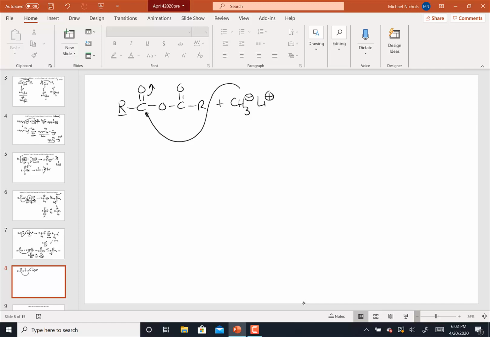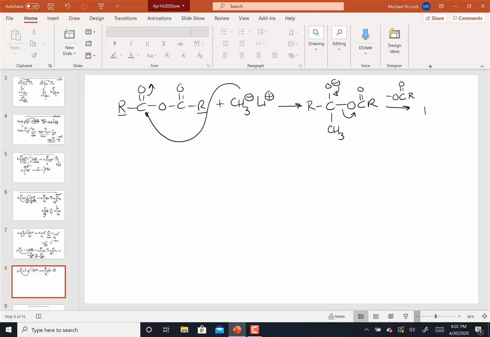If I make this a symmetrical anhydride, it doesn't matter which one I react with. So I'm going to end up with an O minus up here, my methyl group here, my O, C double bond O, R. A pair of electrons can now move back down from the oxygen because the carboxylate's a good leaving group. And so the carboxylate will leave easily.